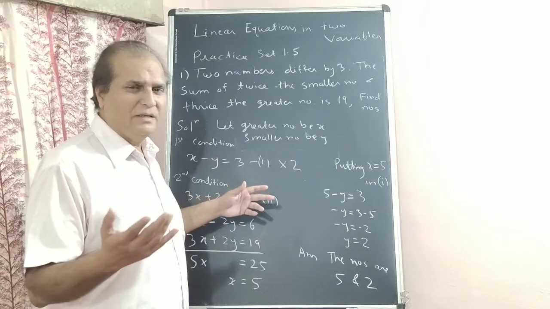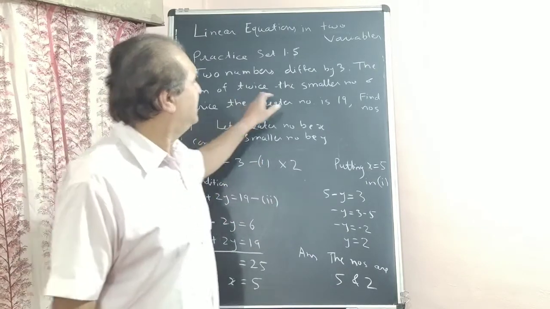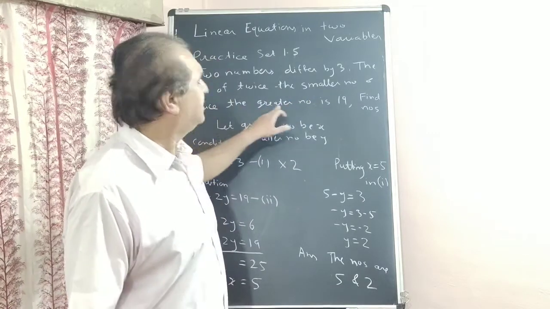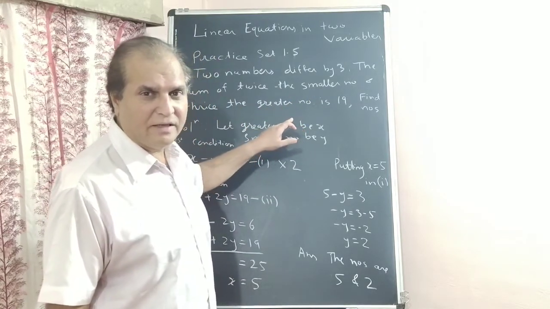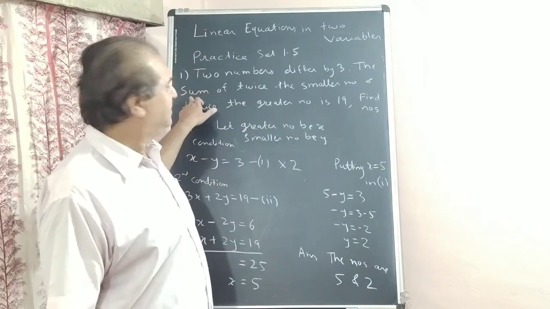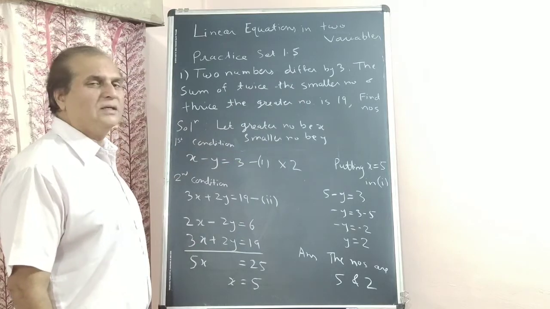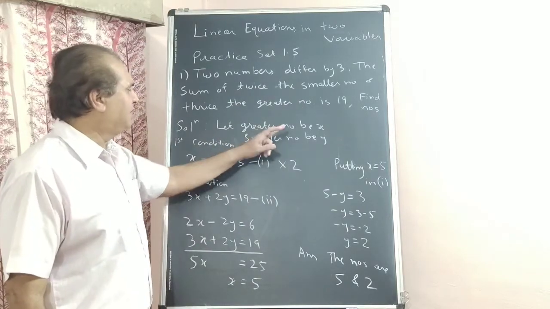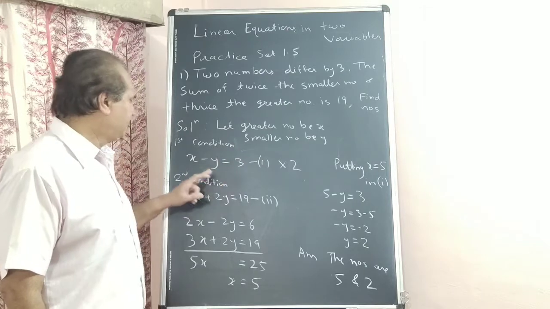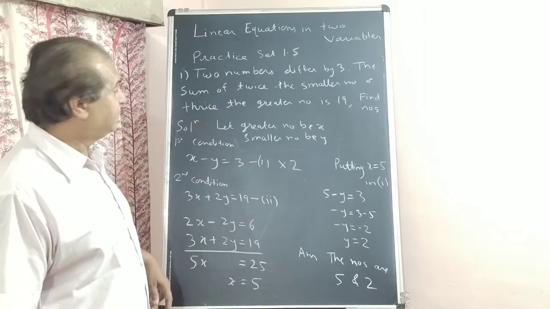Let the greater number be x, smaller number be y. Twice the smaller and thrice the greater. Thrice the greater is 3x. Sum means plus, 2y equal to 19. And we got the conditions. So x minus y equal to 3 because two numbers differ by 3.